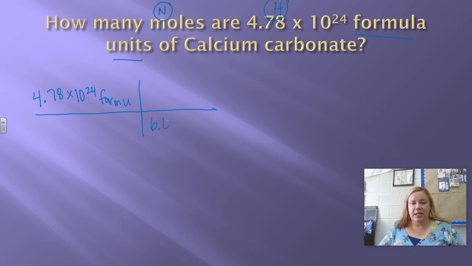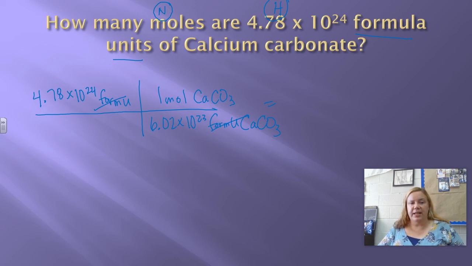So we have a good old 6.02 times 10 to the 23rd formula units of calcium carbonate, CaCO3, for every 1 mole of calcium carbonate, CaCO3. Therefore, I can cancel my formula units, and I'm going to end up with moles. So essentially, I take this across times, and I divide by the bottom.